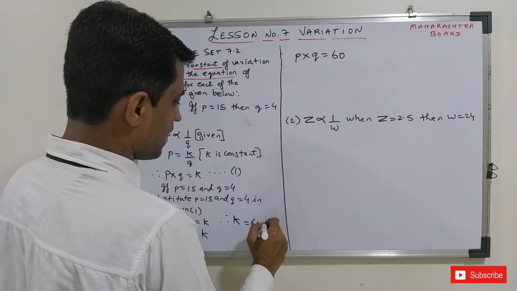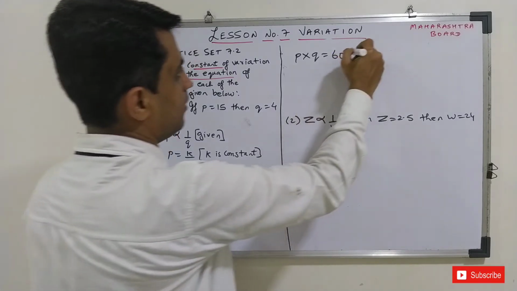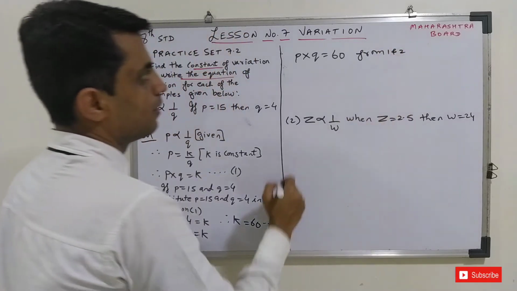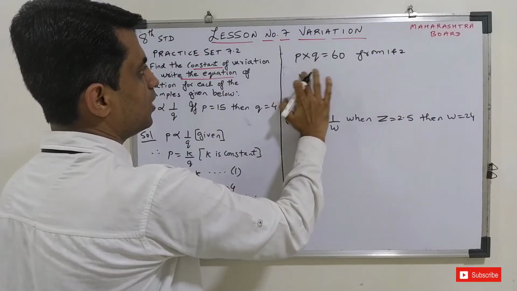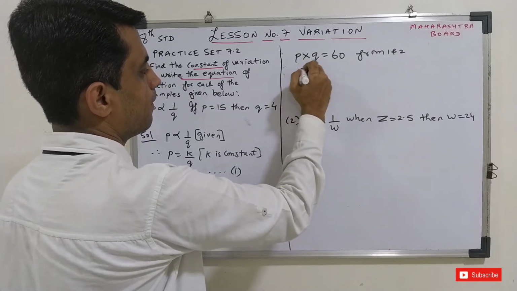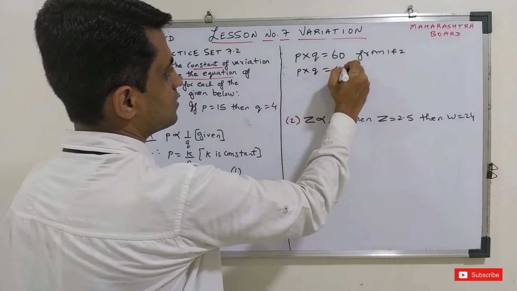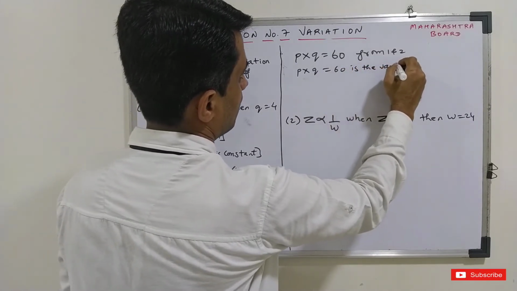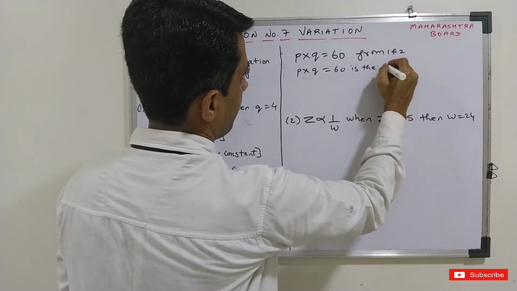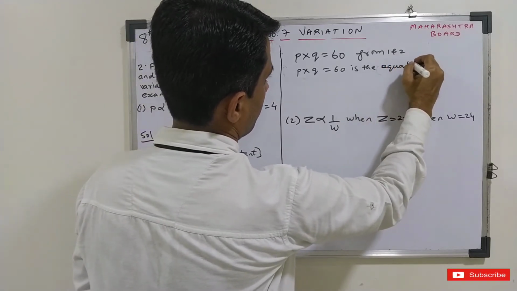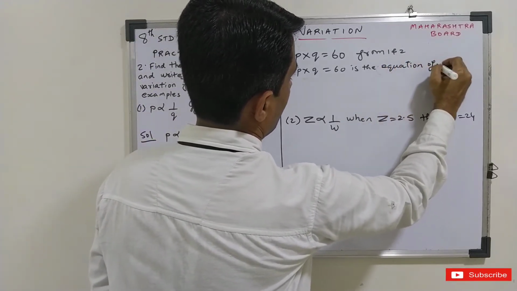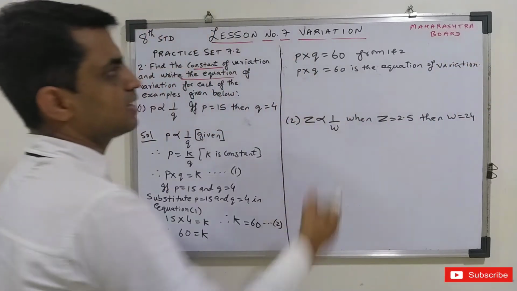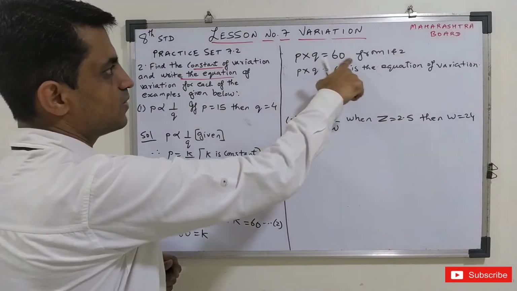Here you can write statement number 2, and here you can write from 1 and 2. P into Q is equal to 60 is the equation of variation. This is the equation of variation. So we got this from 1 and 2.